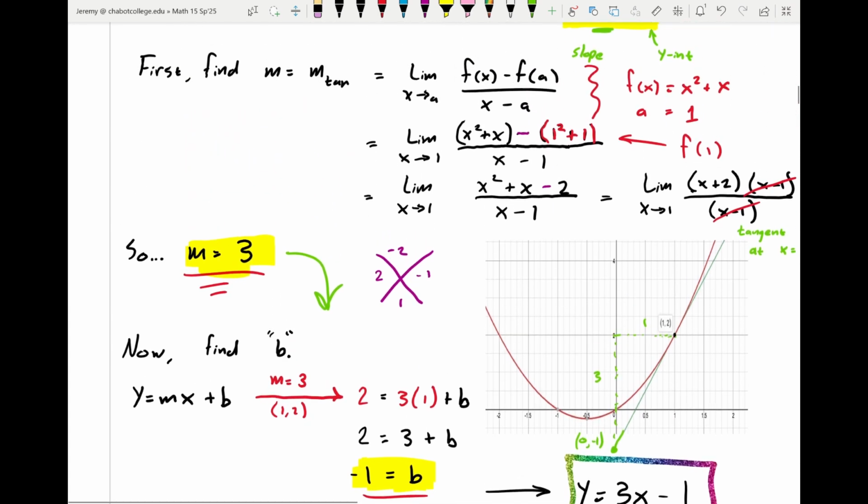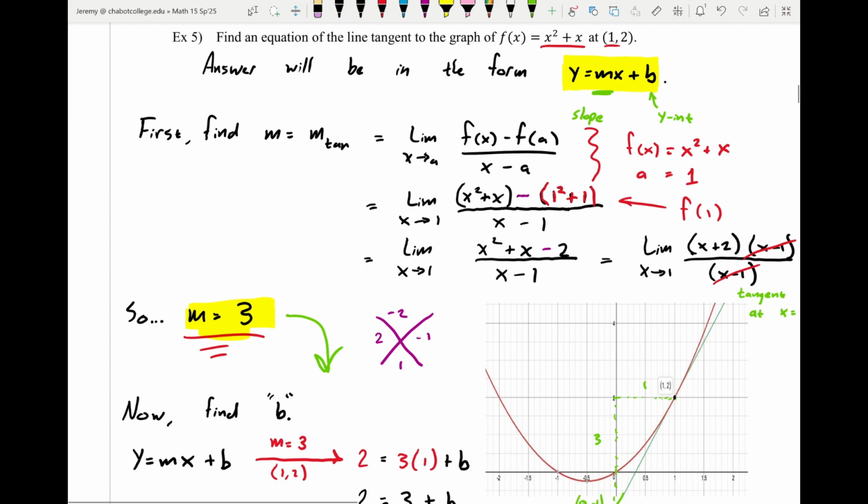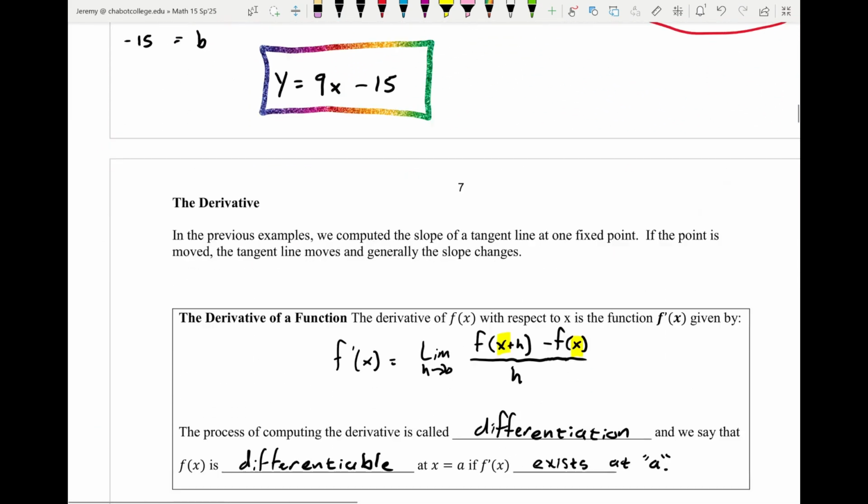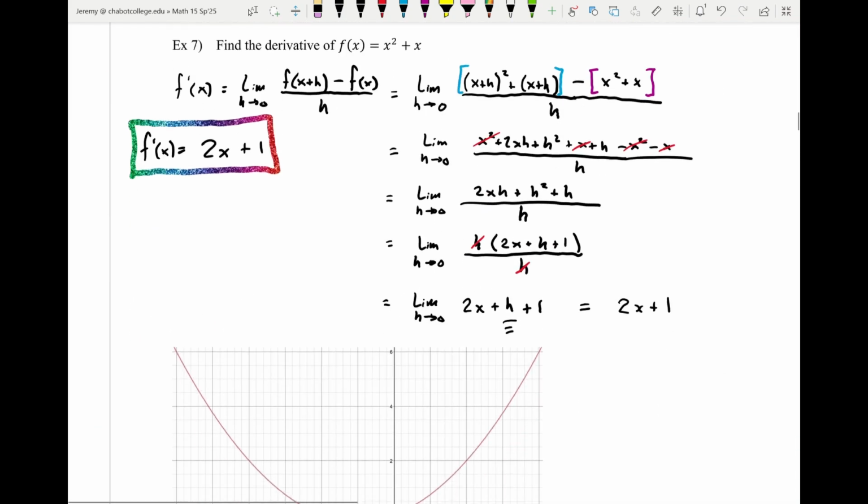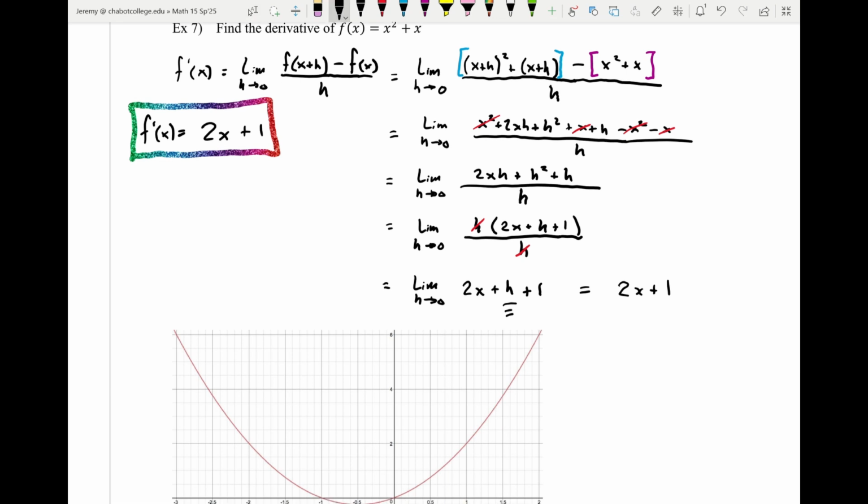Okay, so let's go back to the problem at hand. So working with the same function, let's say that I want to look at that point that we saw in example 5. Let's look at x equals 1. So here, I'm going to do a little demonstration, or a little example.